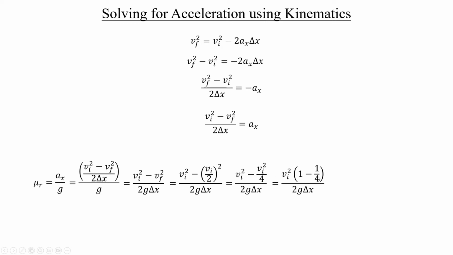So check this out. We have a pure number now in the parentheses, which, I mean, that's really easy. You can convert 1 to the following if you're not comfortable with doing this kind of expression here. 1 is equal to 4 over 4, and 4 minus 1 is just 3. So we have the initial velocity squared times 3 over 4 in the numerator.